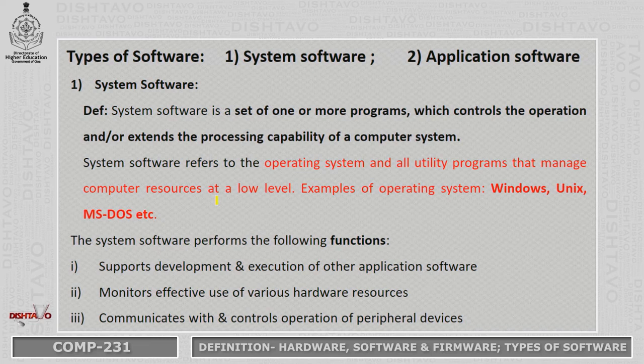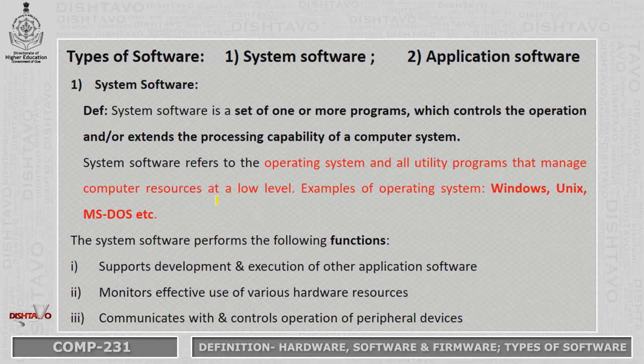Operating systems and all utility programs that manage computer resources at a low level are system software. Examples are Windows, Unix, DOS, and Microsoft DOS.